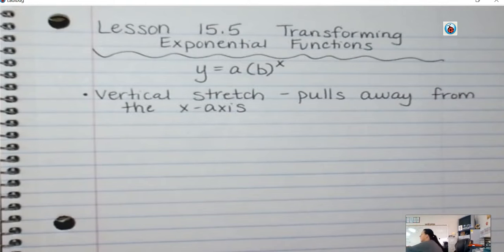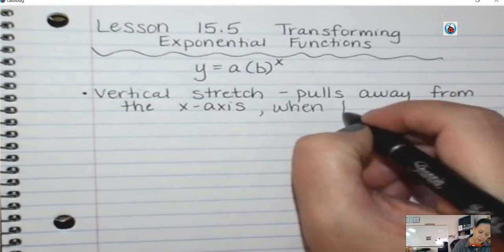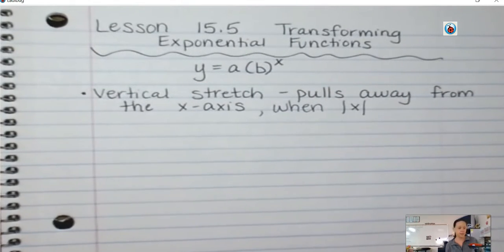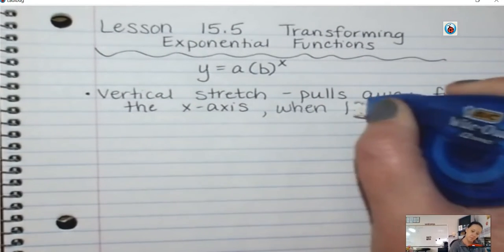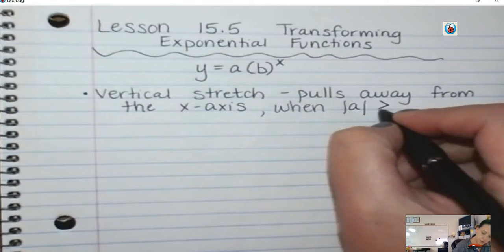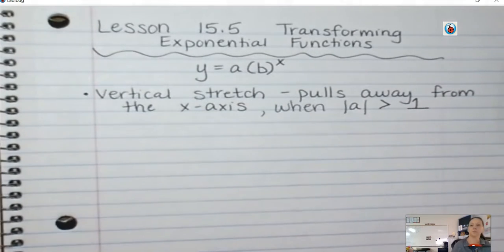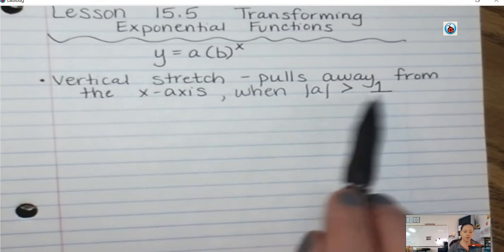It pulls away from the x-axis when the absolute value of a, so whatever a is, if the absolute value of it is greater than 1. Oops, I wrote x. Absolute value of a, not x. The absolute value of a is greater than the number 1.